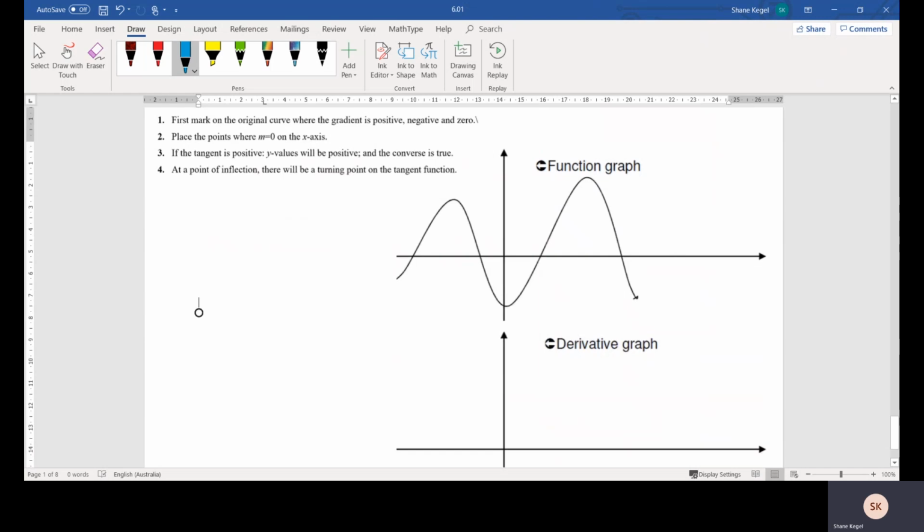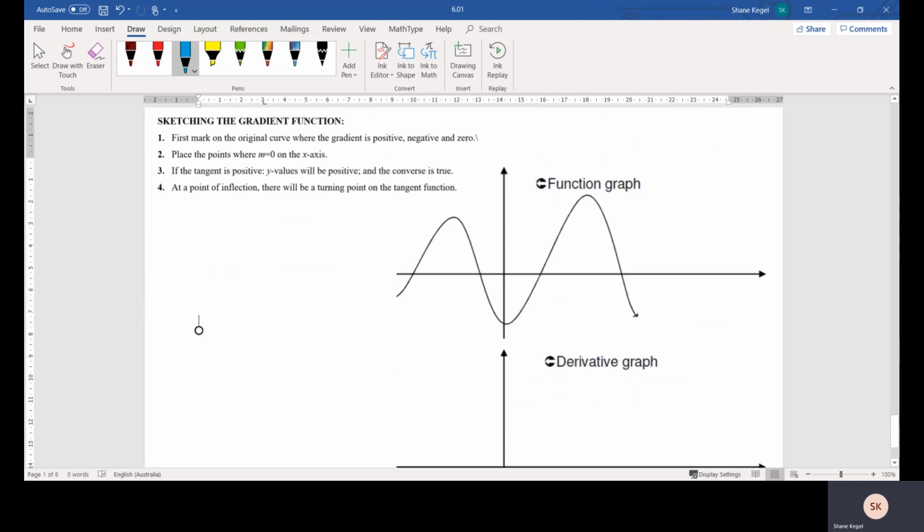Okay, so in this exercise, you'll be doing a lot of sketching gradient functions, and they can be quite tricky, but there is a method to the madness, I guess. So first, you want to mark on the original curve where the gradient is positive, negative, and 0, which is what we did in that first exercise. So I'm going to go along and mark along my curve what the gradient's doing.